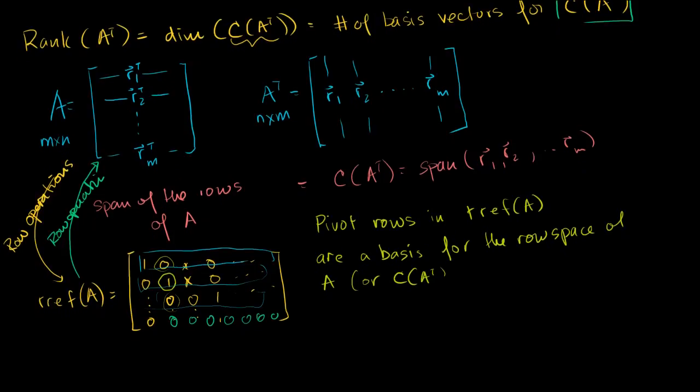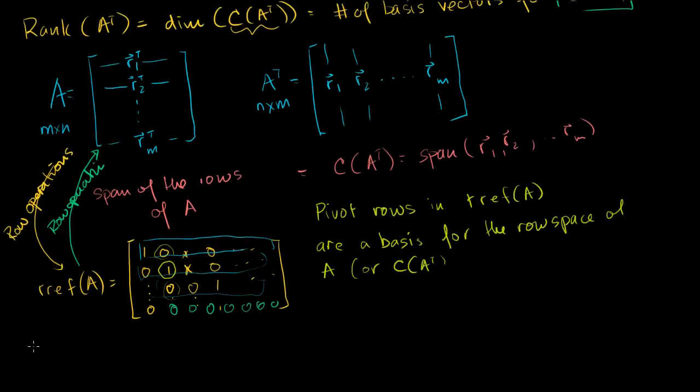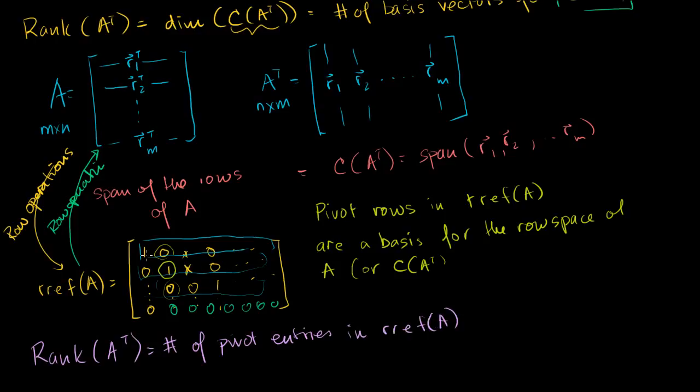So we can write that the rank of A transpose is equal to the number of pivot entries in reduced row echelon form of A. Right? Because every pivot entry corresponds to a pivot row. Those pivot rows are a suitable basis for the entire row space, because every row can be made with a linear combination of these. And since all of these can be, then anything that the rows can construct, these can construct.